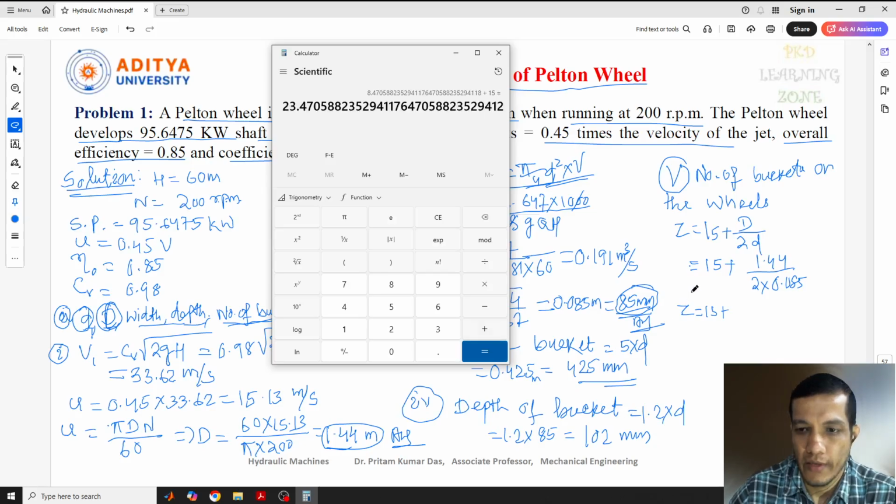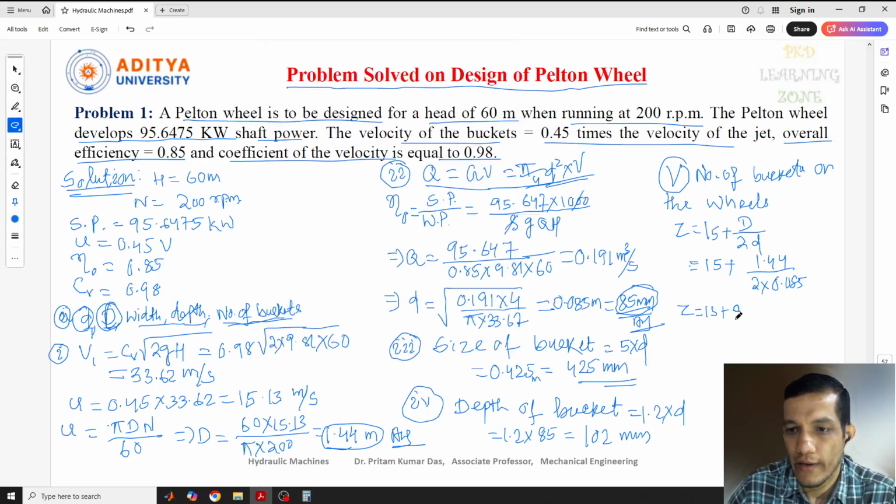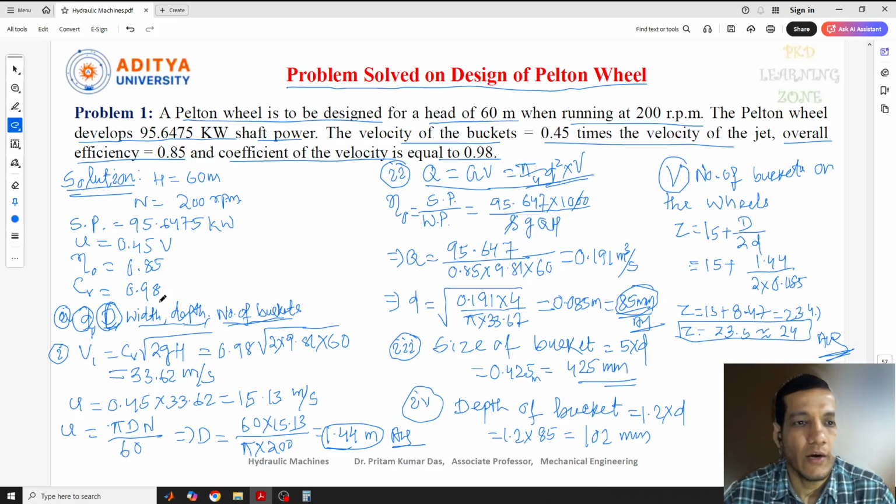We get 23.47, or we can say Z equals 23.5, or we can take it as 24. So about 24 buckets are fixed on the wheel. This is our final answer. I hope you understand how to solve it.